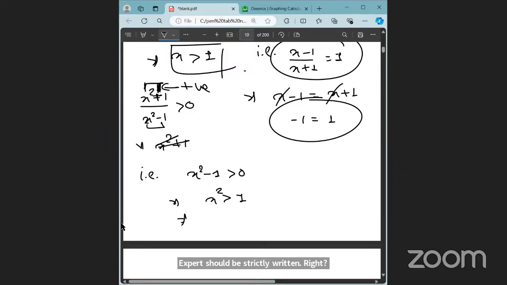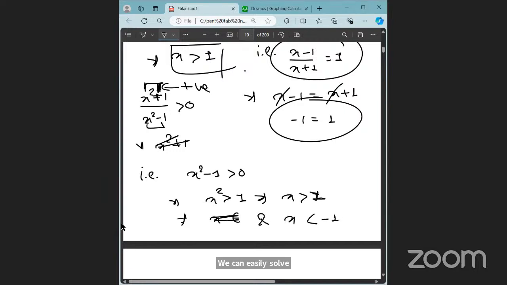So what does it mean? The square is strictly greater than 1 when x is strictly greater than 1 or x is strictly less than minus 1, because if you take any number lesser than minus 1, its square will become positive and greater than 1. So all the values between minus 1 and 1 are not allowed. Ultimately, x should be either strictly greater than 1 or strictly less than minus 1.